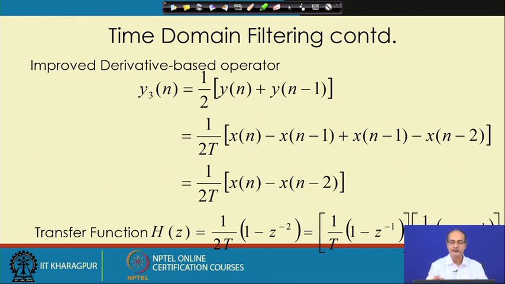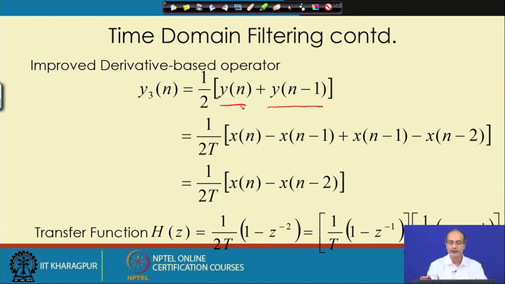So the derivative based filter needs some improvement or modification, and here one such modification is shown. The simple derivative based filter is taken to a second stage. That is taken as an input, and we take the two lags of the output of that filter, the present and the just past, and these two are averaged.